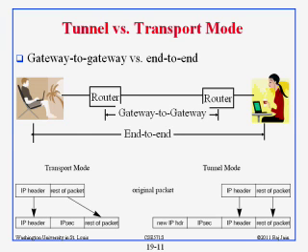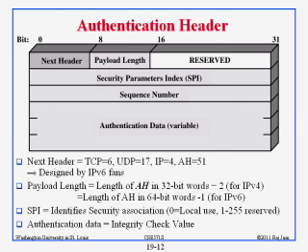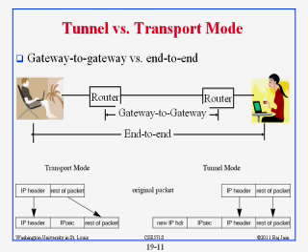On the other hand, these users may not do anything, but there are routers on the way that can encrypt the packet for you, and this one can decrypt the packet for you, and that would be the tunnel mode.